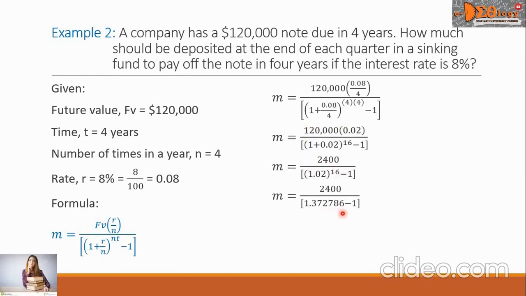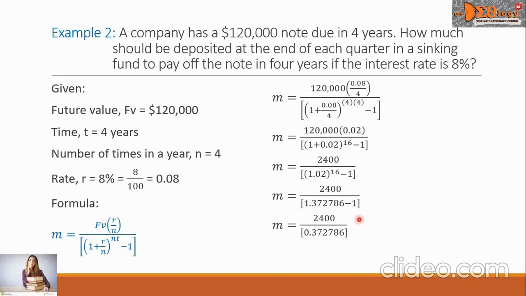1.372786. And then we will subtract this by 1. It means this whole number 1 here will simply be eliminated. Only the pure decimal will come down, and that is 0.372786.